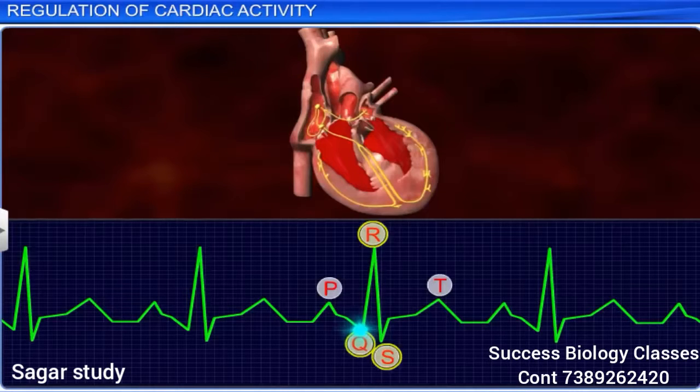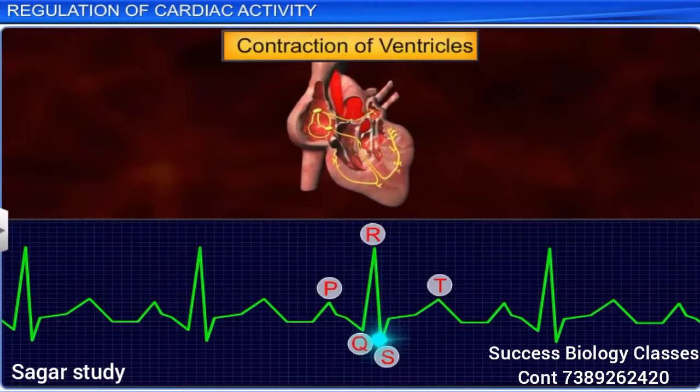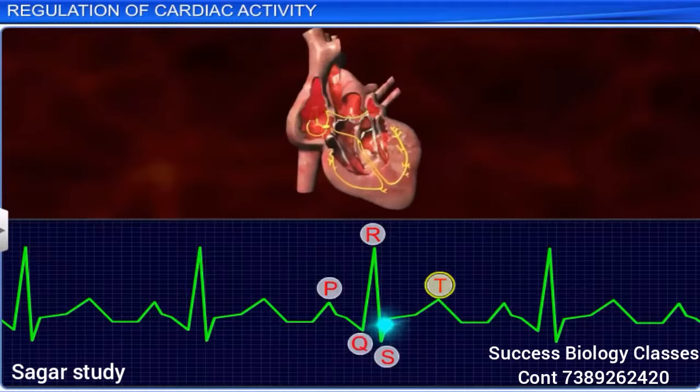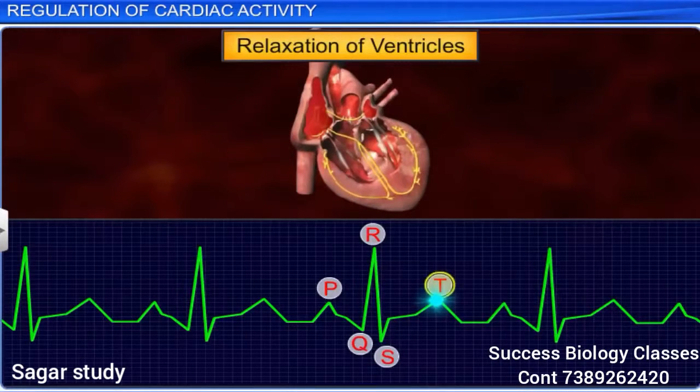It is followed by the QRS wave, which corresponds to the contraction or depolarization of the ventricles, that is, the ventricular systole. The final T wave corresponds to the relaxation of the ventricles to the normal state or repolarization, and the end of the systole.